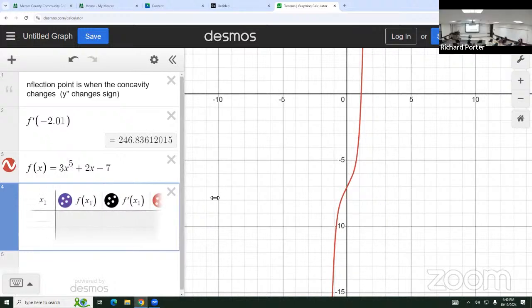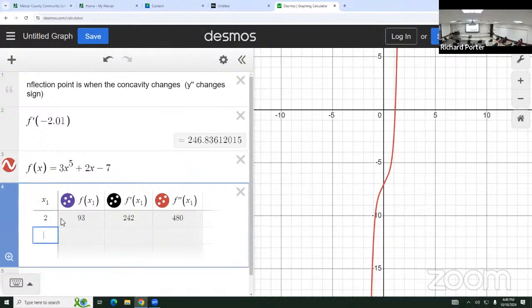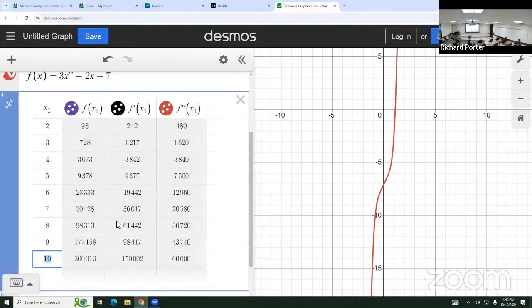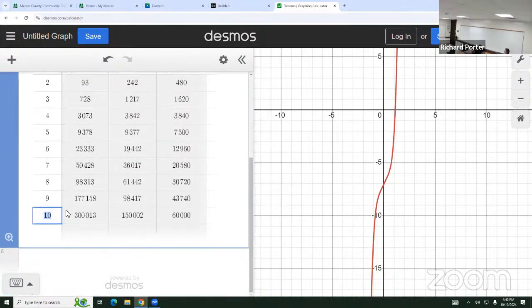If I just put a bunch of values in, looking at these numbers, they're all positive all the time. So from 2 on, it's increasing and it's concave up. But I want to do some other numbers.